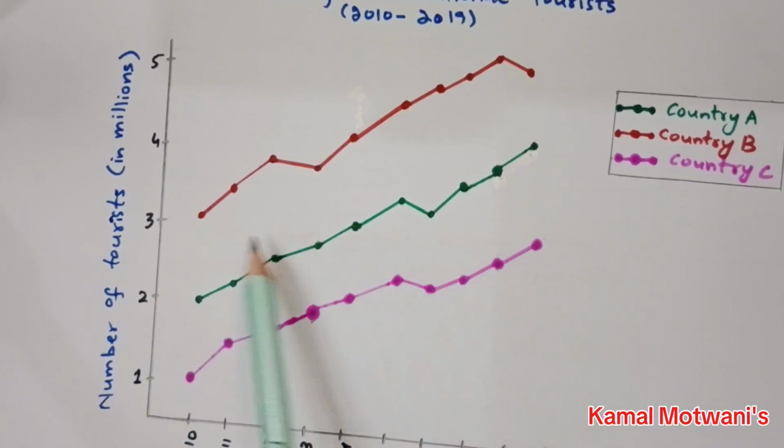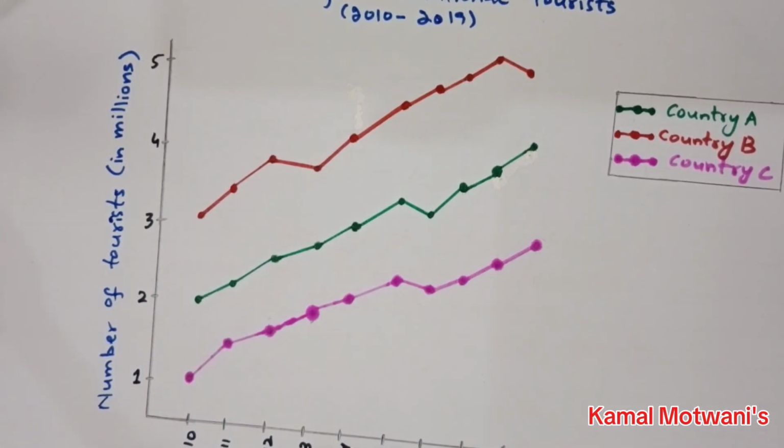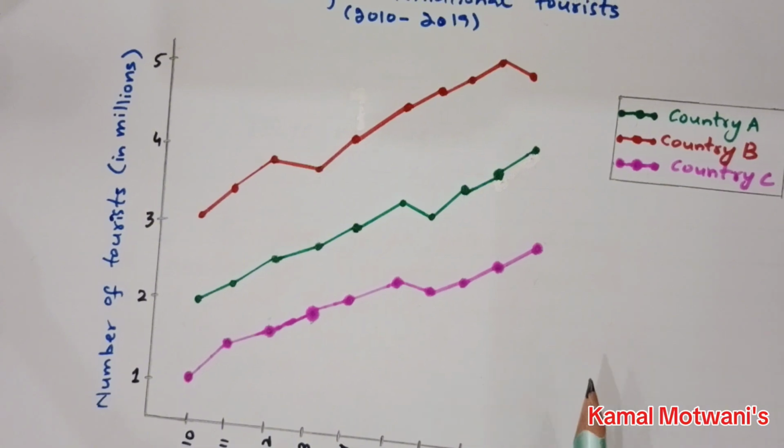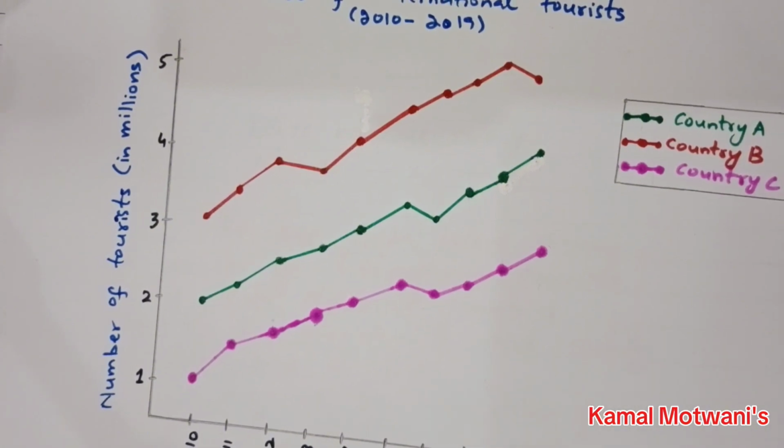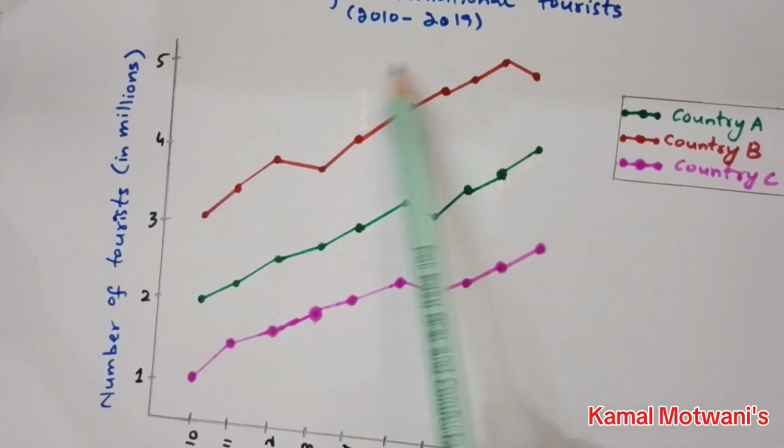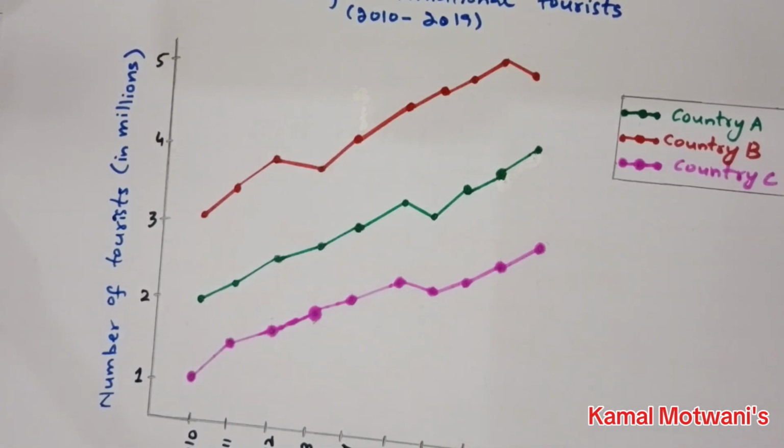You can see it is just below 3 million. So we can say that the highest number of international tourists were witnessed by country B, that is the red line, and the lowest number of tourists were overall witnessed by country C.